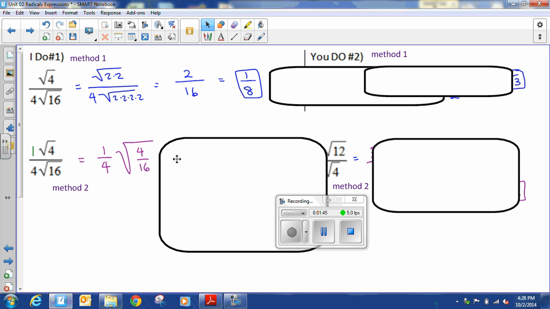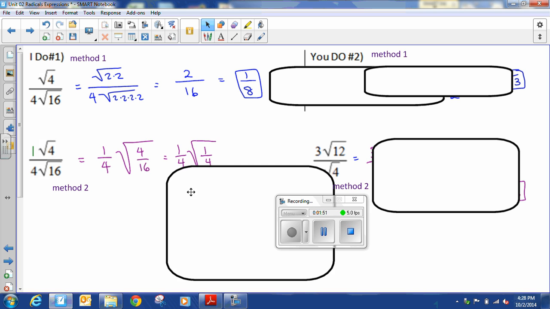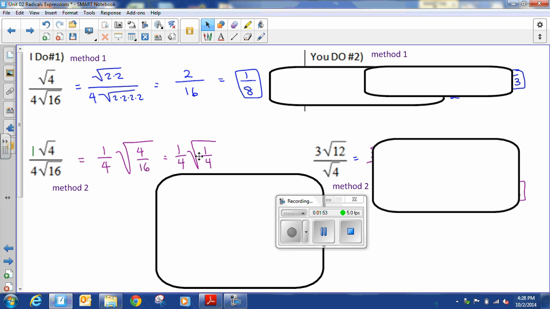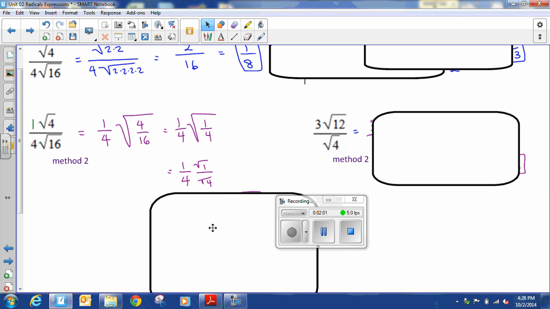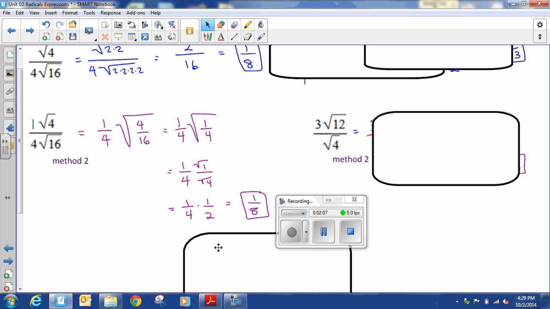So we have 1/4 times radical 4 over 16. 4 over 16 can be reduced to 1/4. So basically we have 1/4 times radical 1 over 4. Radical 1 over 4 can be rewritten as radical 1 divided by radical 4. Each of these are perfect squares. So we have 1/4 times 1/2, which is 1/8.